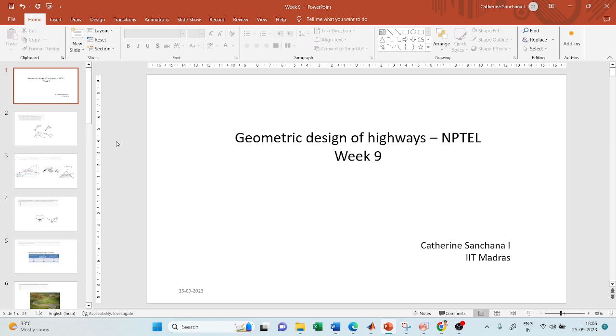Last week I stopped with horizontal alignment. We will begin vertical alignment this week, and also finish the rest of last week's portions, which is the introduction about interchange.